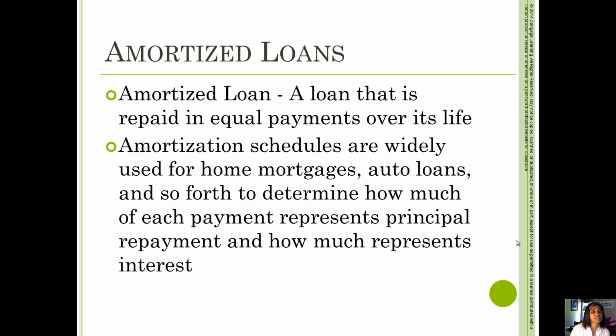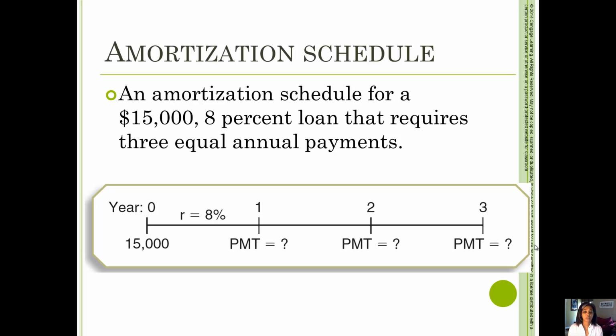So now let's finish up by talking about amortized loans. An amortized loan is a loan that's repaid in equal installments or equal payments over its life. So sometimes we call this an installment loan. And so these are widely used for mortgages and auto loans, and so we've talked about that a little bit earlier.